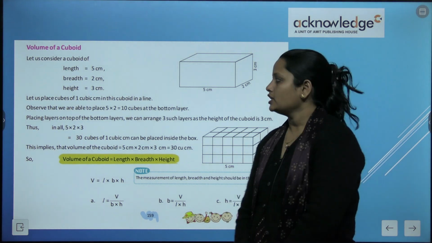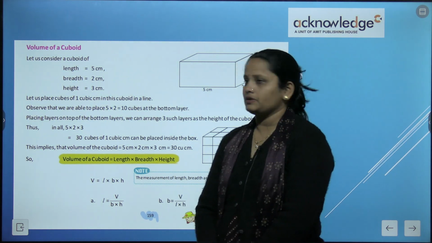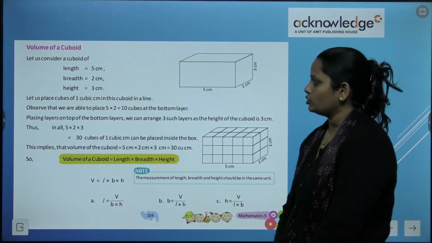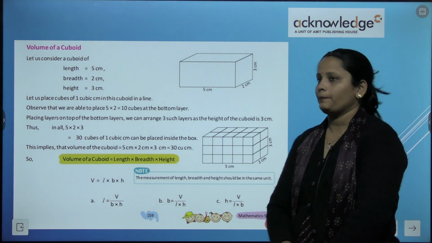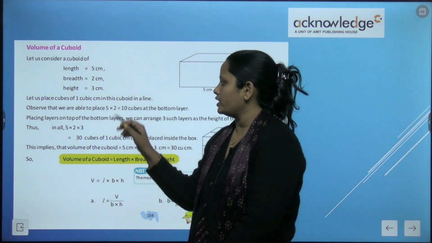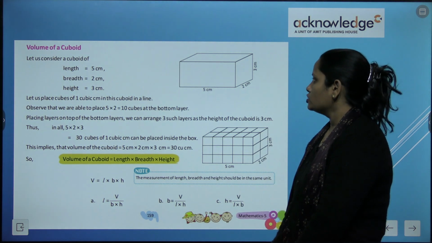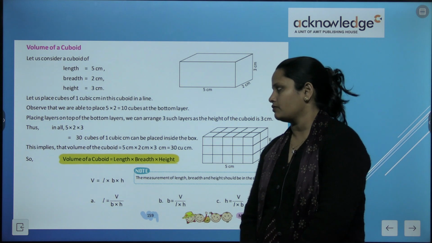Let us place cubes of 1 cubic centimeter in this cuboid in a line. तो हम क्या करेंगे? 1 cubic centimeter के cubes को हम इस cuboid में place करेंगे. So observe that we are able to place 5 multiplied by 2 which is 10 cubes at the bottom layer. So नीचे का जो layer है उसमें हम 10 cubes को adjust कर सकते हैं.